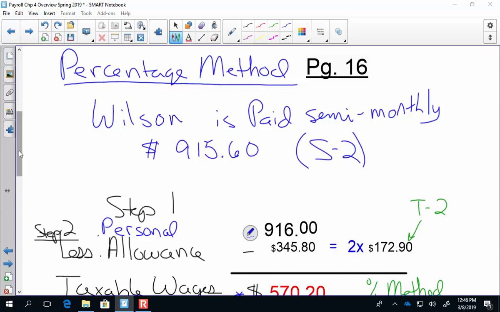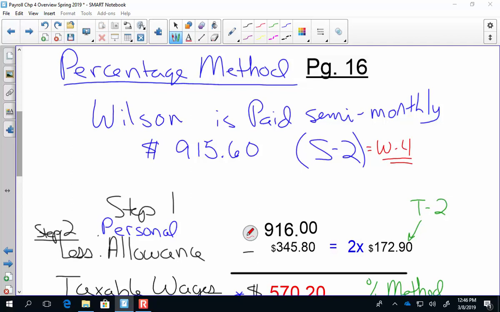Wilson is the example in 4-2. He gets a semi-monthly pay of $915.60, and on his W-4, he is claiming single and 2. So on his W-4, single person claiming 2 exemptions.